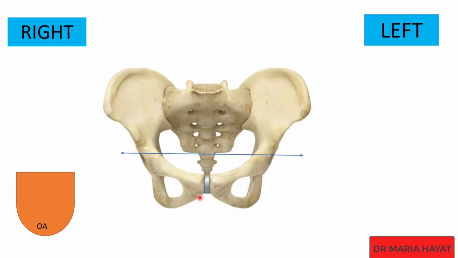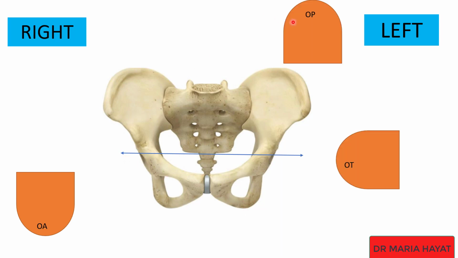So now we will talk about what malposition is. This is the right side of the maternal pelvis, this is the left side, this is the anterior side, and this is the posterior side of the maternal pelvis. If the occiput is towards the anterior, it is a normal fetal position. If it is towards the posterior side of the maternal pelvis, it is called occipito-posterior.